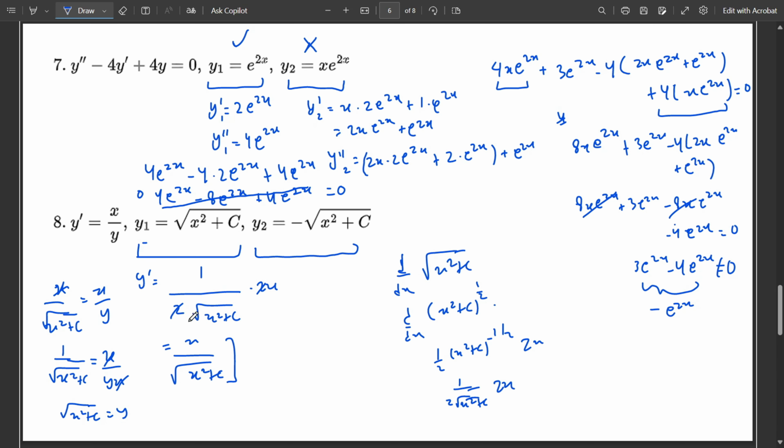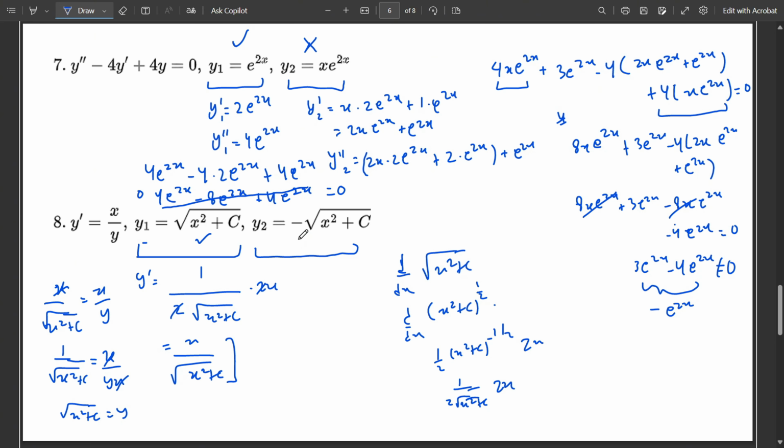And well, that's true, because our y here is the square root of x squared plus c. So this is a solution to this differential equation.